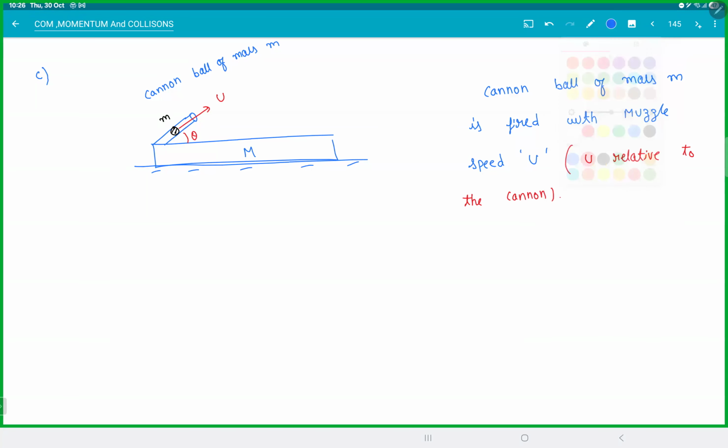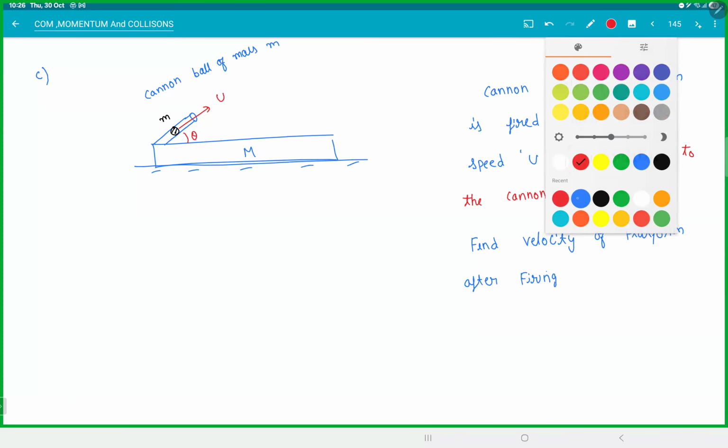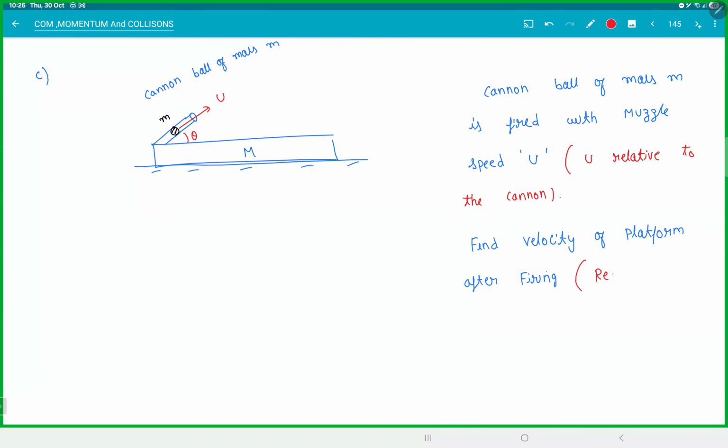Find the velocity of the platform after firing. When the platform actually starts going back, this is called the recoil speed. Recoil is the speed which comes because you're firing the gun ahead.